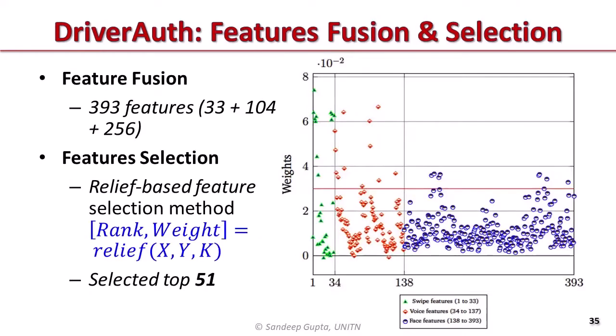We concatenated the feature sets of each modality together to create a single feature set of dimensions 393 for evaluation of DriverAuth in tri-modal settings. For feature selection, we relied on the relief-based selection method provided by the MATLAB tool. We selected the top 51, which we determined empirically. And using these selected 51 features we designed the classification model.